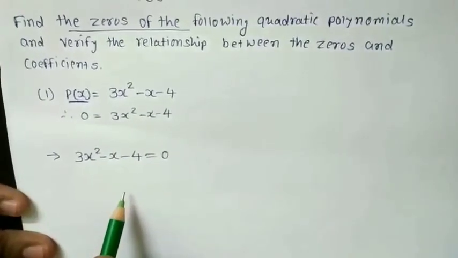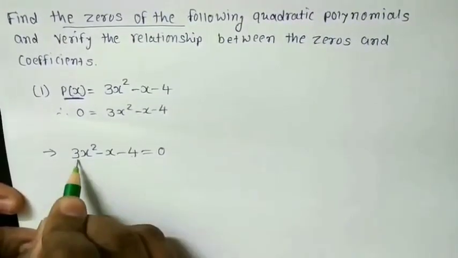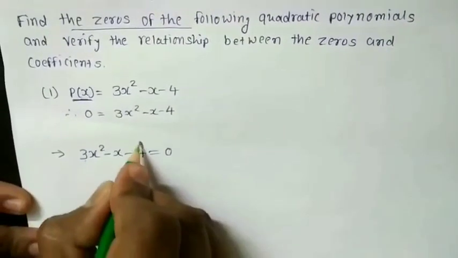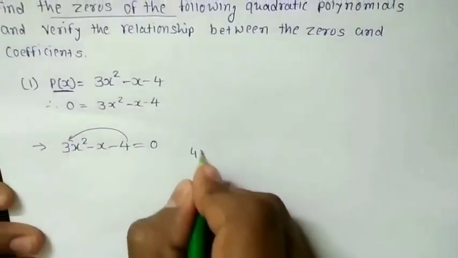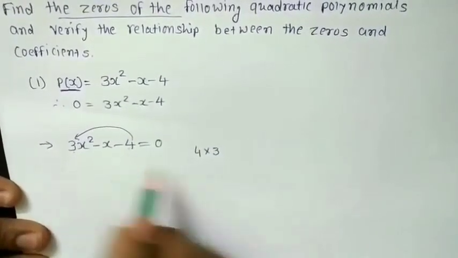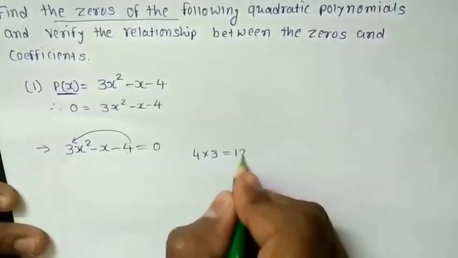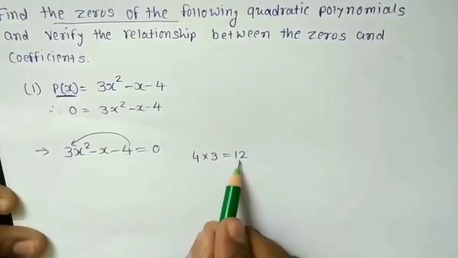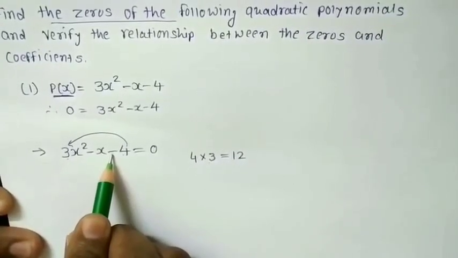We know how to find the factors. The last term and the coefficient of x² will be multiplied with each other. So we'll do that: 4 into 3, that is 12. That 12 should be factorized in such a way that, see the sign over here, the sign is minus.